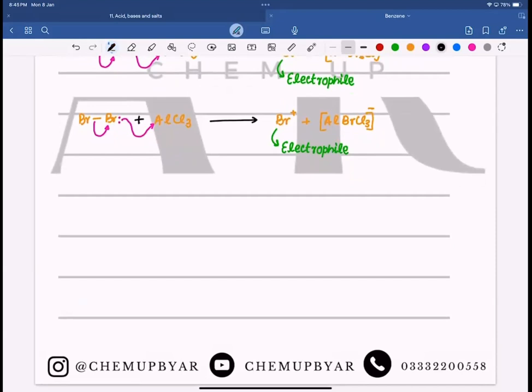For 1 mark, the examiner asks you to write the equation for the formation of the electrophile. So first we see the mechanism of chlorination.